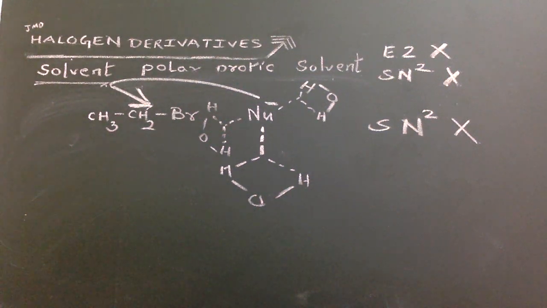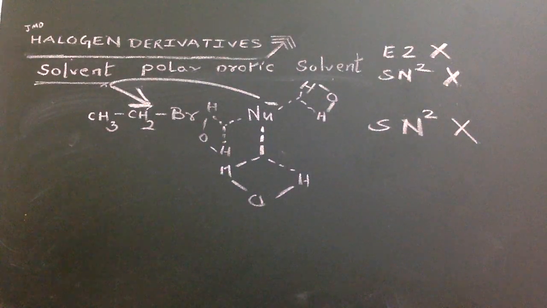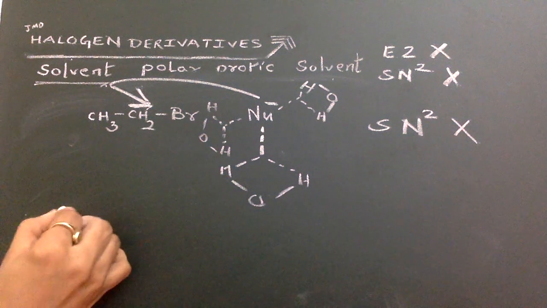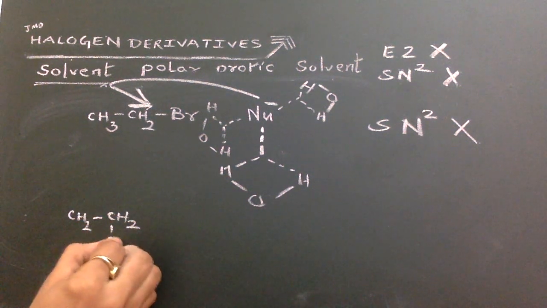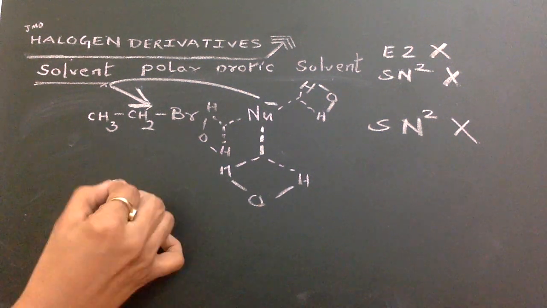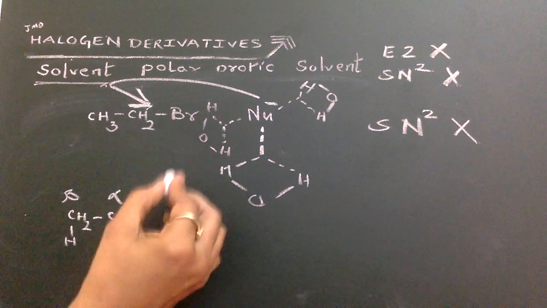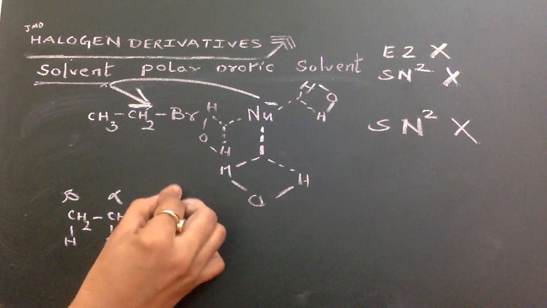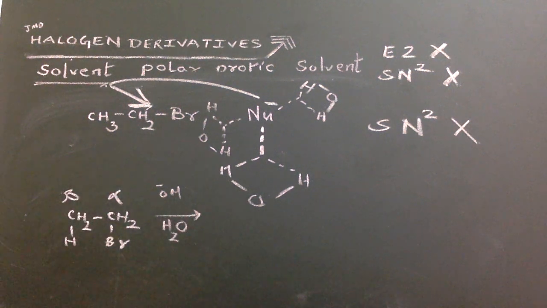Now, on the other hand, children, if I see E2, although I wrote here it is not that favored, to some extent E2 can take place. See why? I have here the ethyl bromide, same thing I am taking, and this is the alpha carbon, this beta carbon. Now when I take OH minus in water, it doesn't create much of difference, although it'll be slow, but it still can happen.